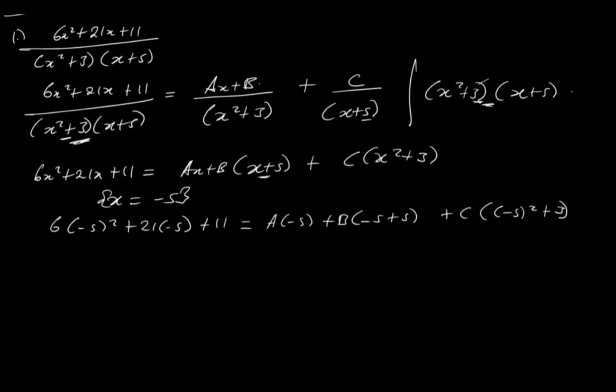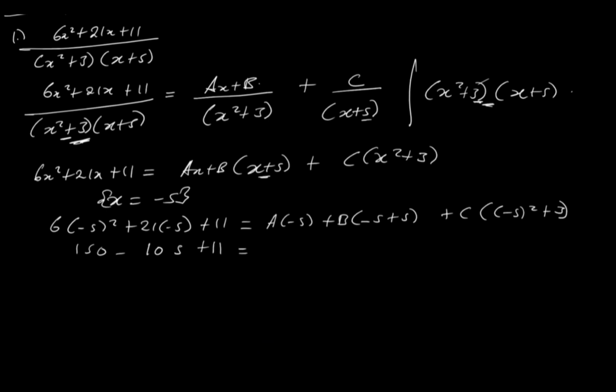You can say (-5) squared will give you 25, times 6 will give you 150. Okay, so here you have 150. Then 21 multiplied by -5 gives you -105, plus 11.